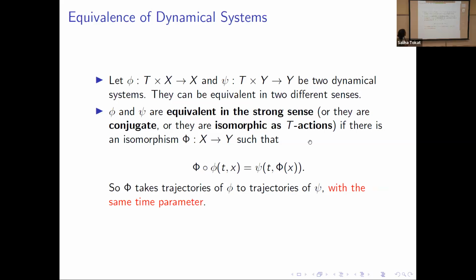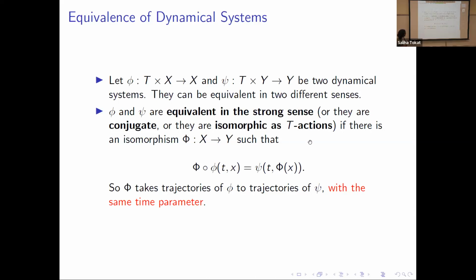Equivalence of dynamical systems. Then there are two dynamical systems, phi and psi. There are two senses of equivalence: one is the strong sense, the other is the weak sense. Phi and psi are equivalent in the strong sense if there is an isomorphism, big Phi, that takes the trajectories of one and gives the trajectories of the other, preserving the same time parameter.